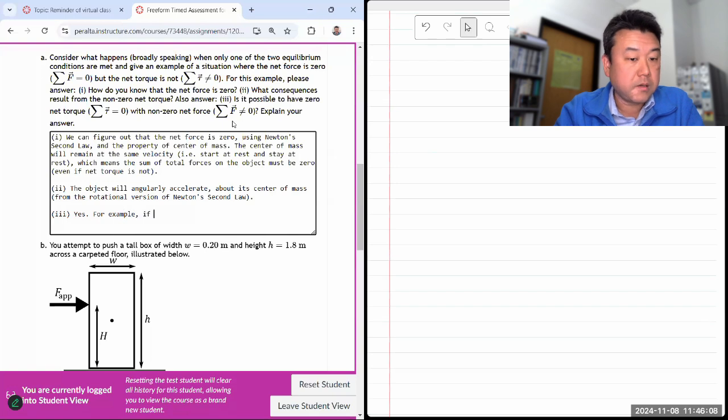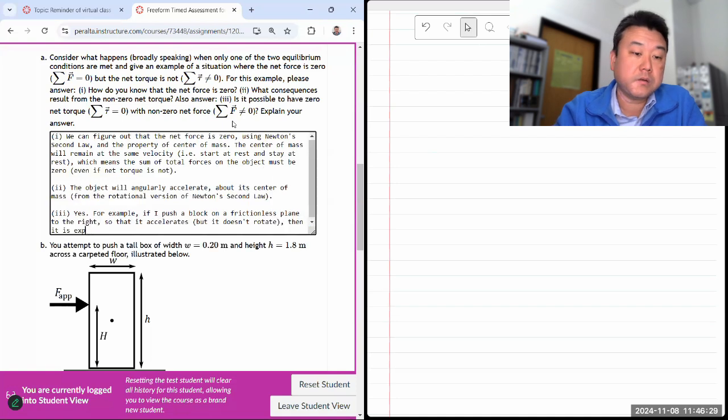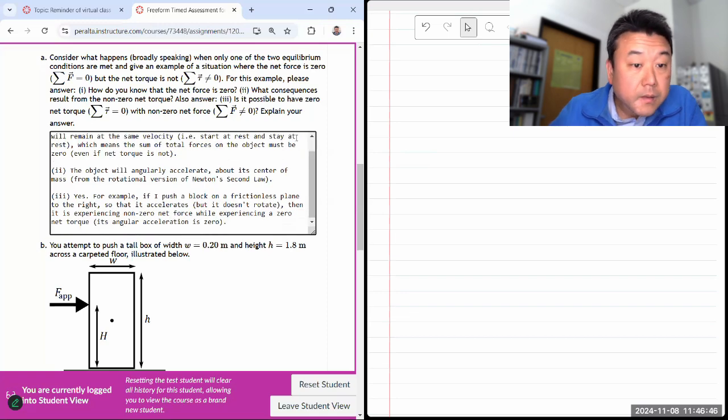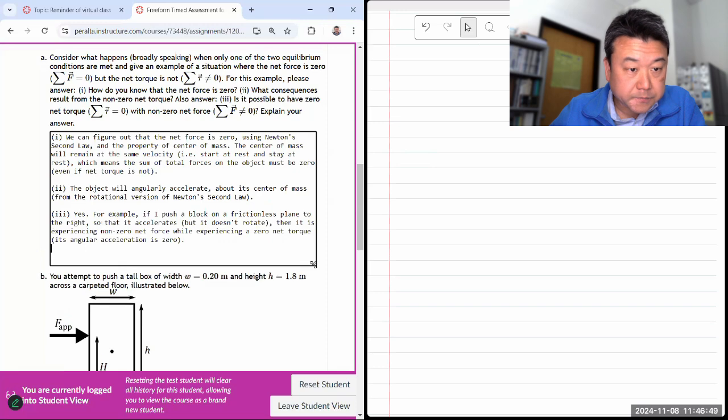For example, if I push a block on a frictionless plane to the right so that it accelerates, but it doesn't rotate, then it is experiencing non-zero net force while experiencing a zero net torque. Its angular acceleration is 0. Alright, I think that's the full answer.